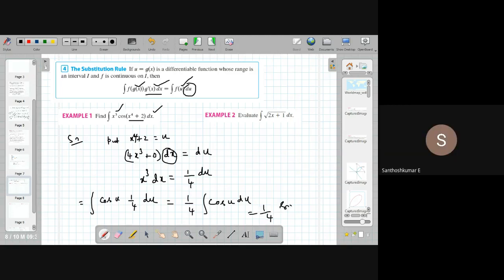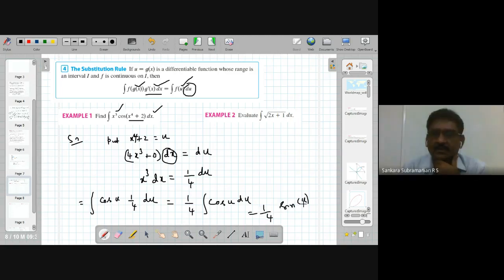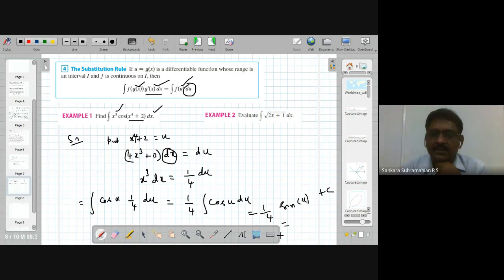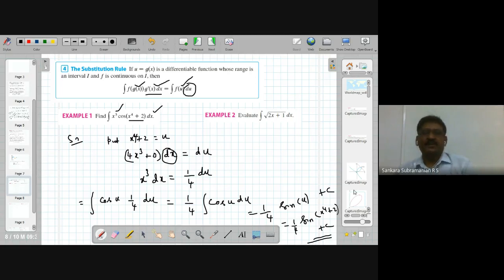Sin of u plus a constant, because it is not a definite integral. There are no limits, so we must put the constant. Therefore we can back substitute. You get 1 by 4 times sin of x to the power 4 plus 2, plus C is the answer. This is the way you have to proceed.